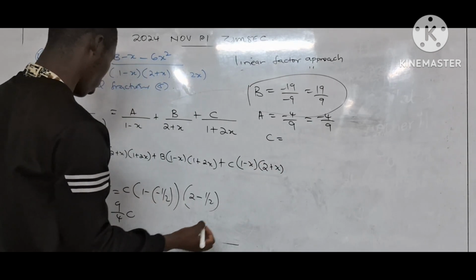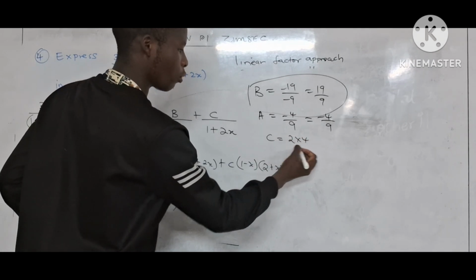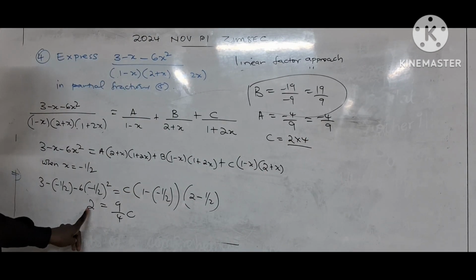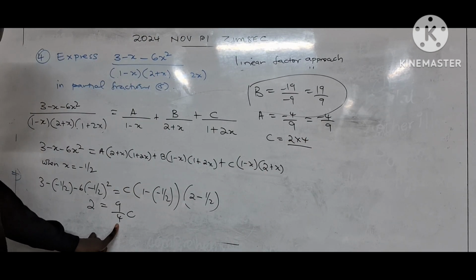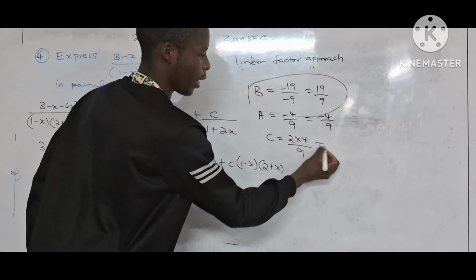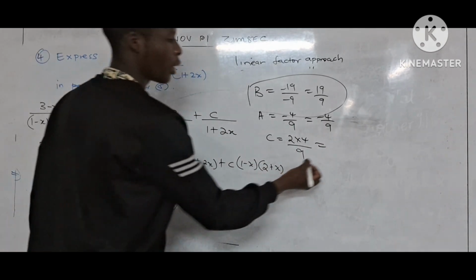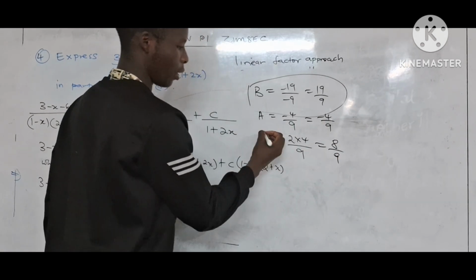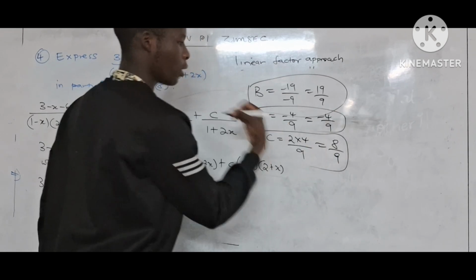C is equal to 2 times 4 divided by 9, which is equal to 8 by 9. So this is the value of C.